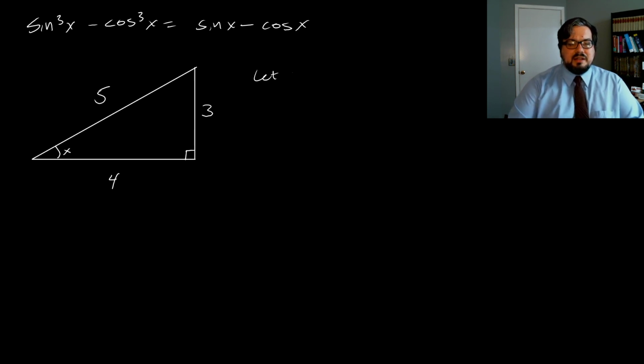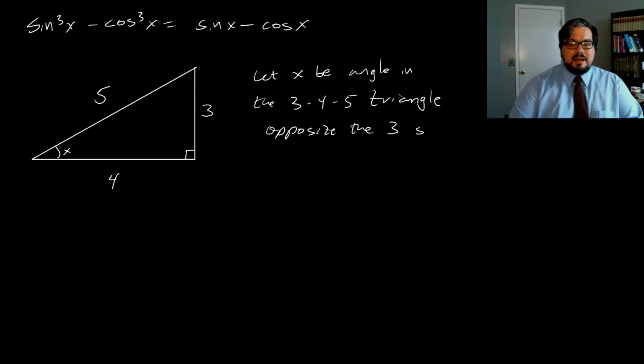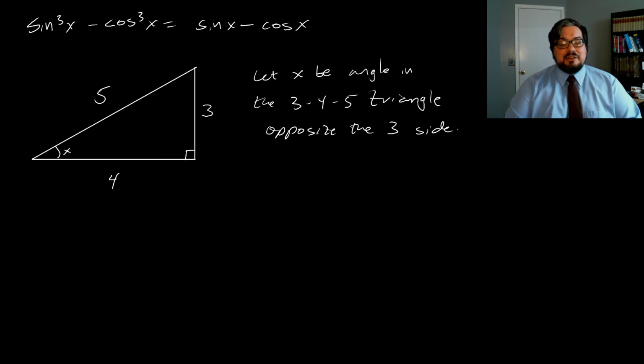So we could say, let x be the angle in the 3, 4, 5 triangle opposite the 3 side. So for this x value, it's not one of our normal measurements.